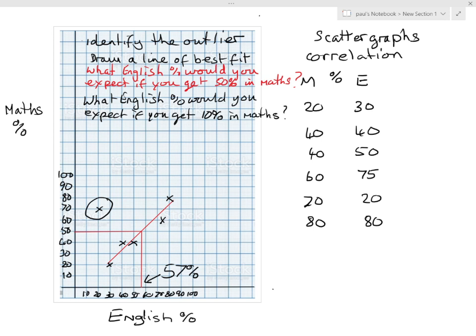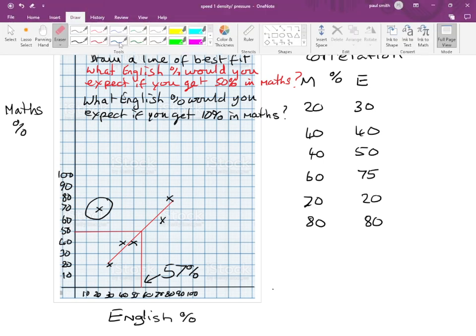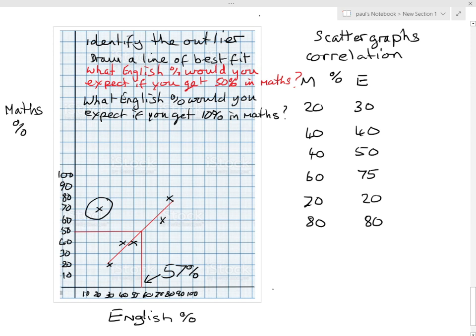Okay, now trick question, because if you look along the 10% line from maths, it doesn't meet our line of best fit because it's beyond the bottom of the graph. So you can't just go, oh, it might be about there. It's not going to happen. This is just testing you to see whether you continue your line all the way to the bottom or not.